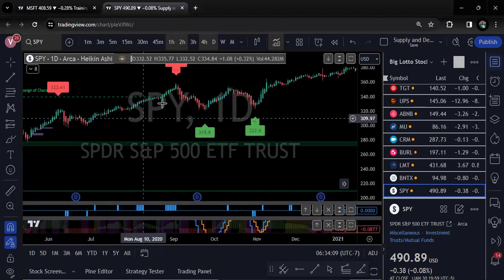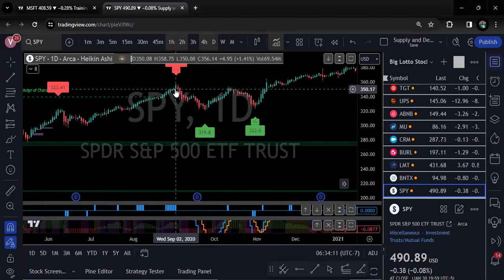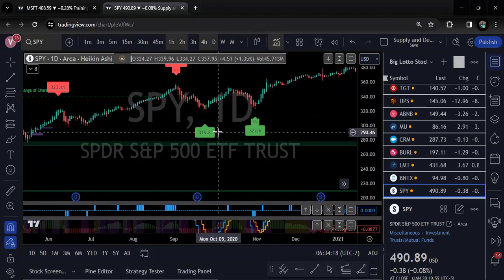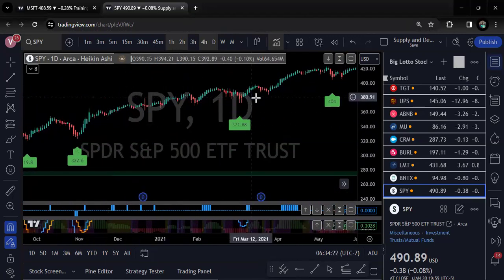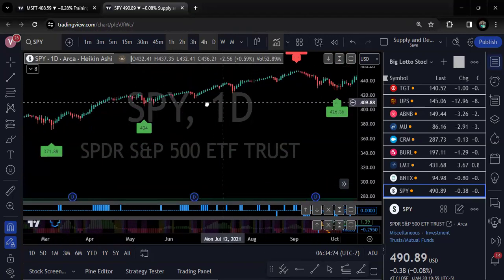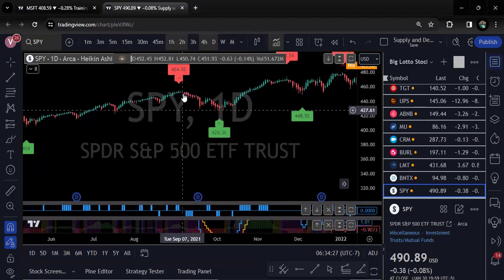This went on. 2020 was when COVID... So this was interrupted by COVID. Stocks kept going up for no reason. Okay, so there was interruption here because of COVID.